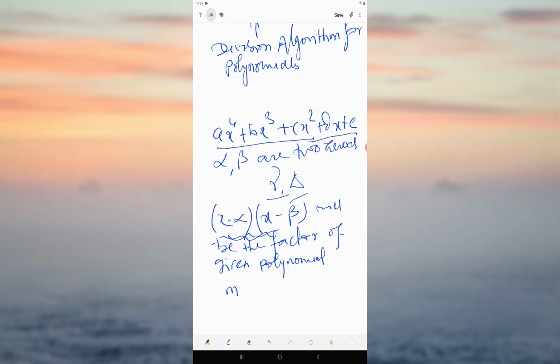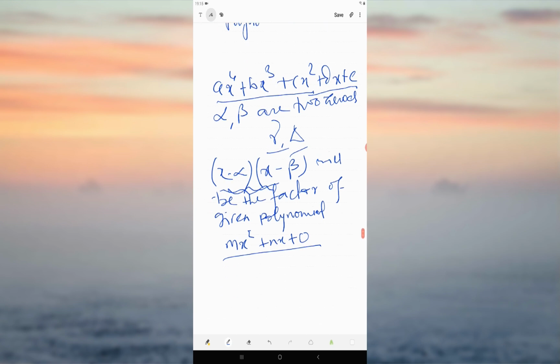Suppose you got mx^2 + nx + o. We need to find the other 2 zeros, right? Then equate whatever quotient you get after dividing, this mx^2 + nx + o, to 0. This is o, don't take it as 0.